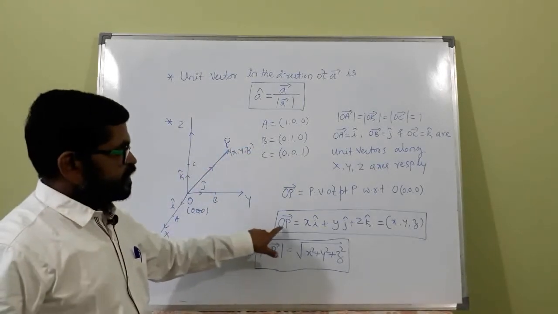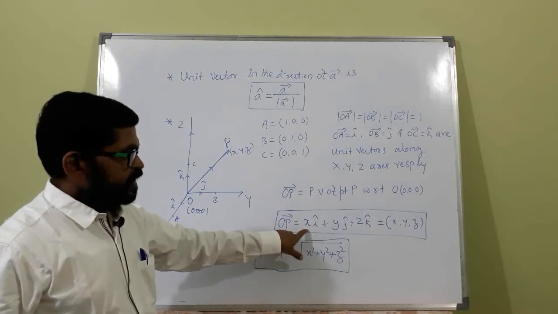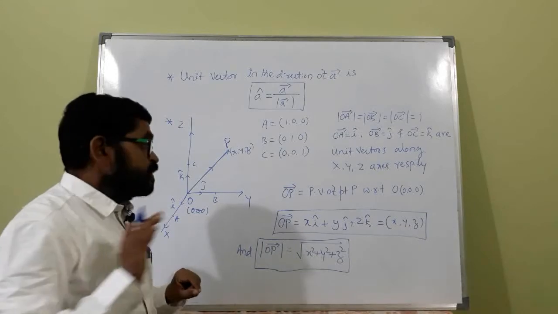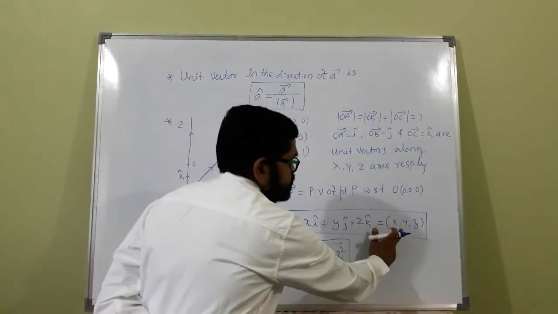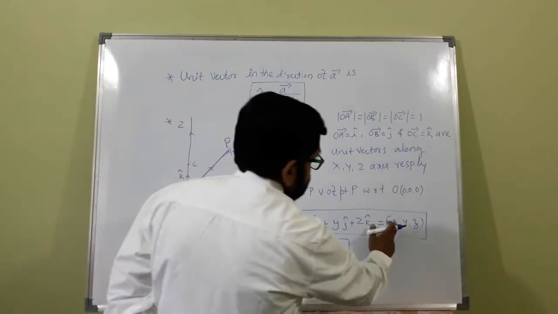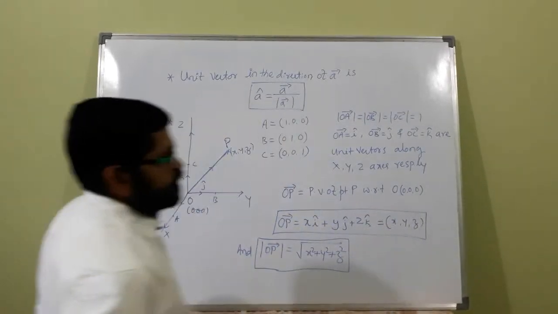Position vector OP is xi plus yj plus zk, or it is also denoted like this, (x, y, z). So remember, (x, y, z) represents a vector.